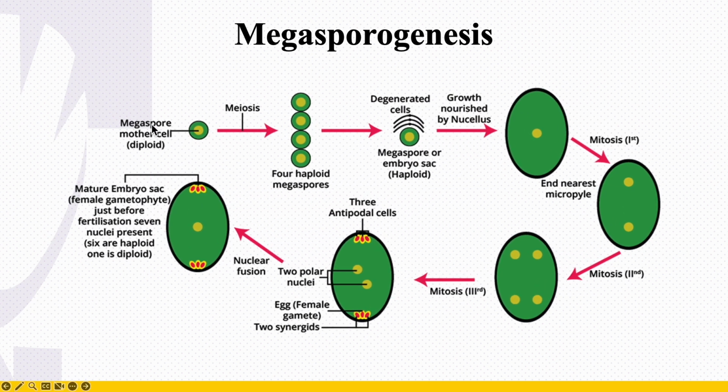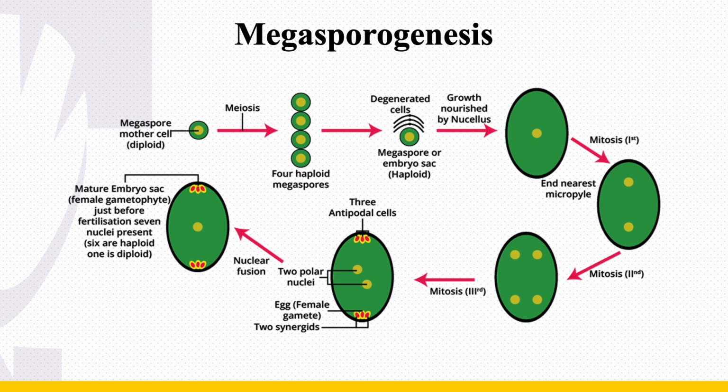All right, so just to walk through that, we've got this diploid cell that separates into 4 haploids. We have a few degenerated, a few cells don't make it. One of them does, and that continues on through this process. Again, I'm not really concerned about mitosis or meiosis or any of those kind of biology concepts.